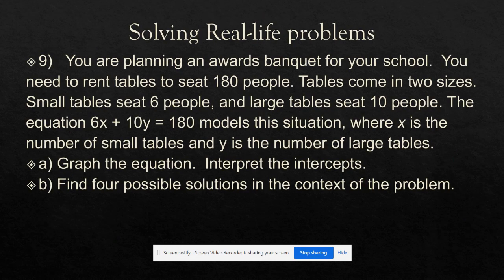All right. Our last example, a real life problem. We have a banquet. We need to get enough tables for 180 people, and we have two sizes of tables: small tables that seat 6 and large tables that seat 10.